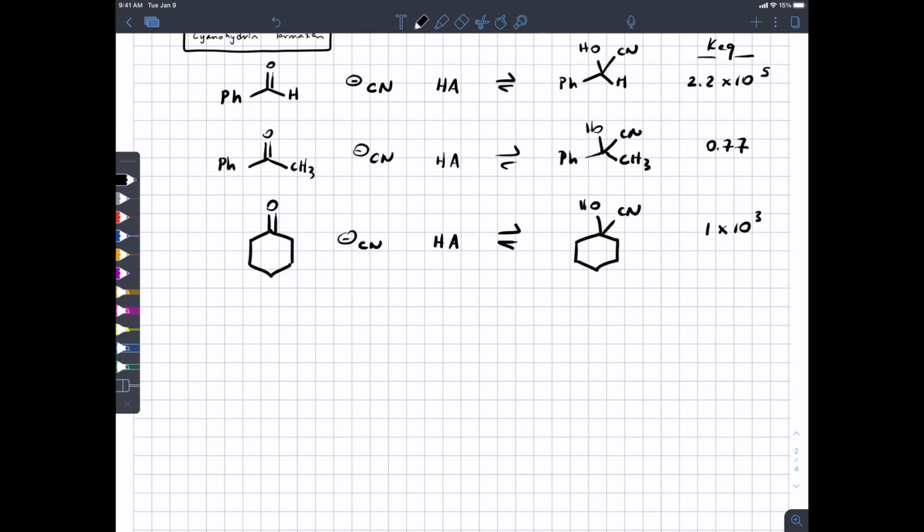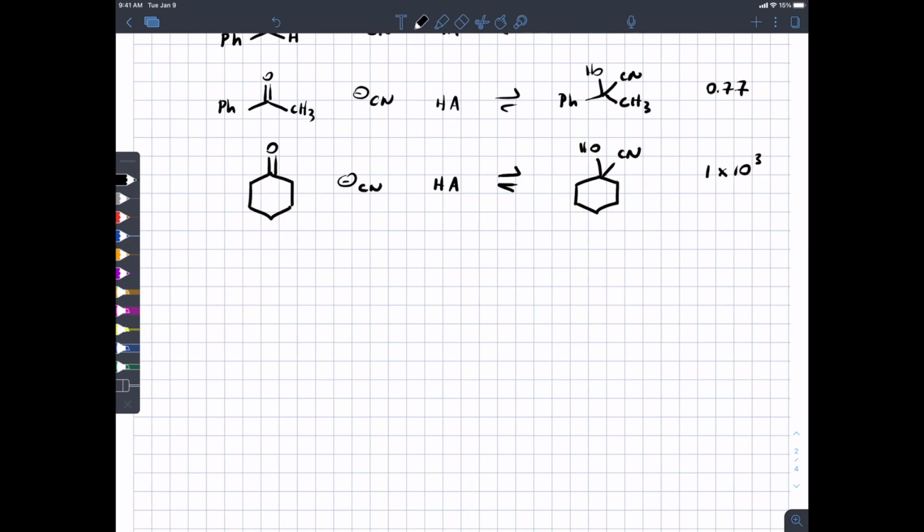And what's going on there is, a couple of things. You might think about whether there is any ring strain to relieve because you have an sp2 carbon in a 6-membered ring. It probably can't adopt a regular chair. On the other hand, in a 6-membered ring, 120-degree angles are just fine. So there's probably not a huge amount of ring strain that's relieved when you go from sp2 to sp3 there.